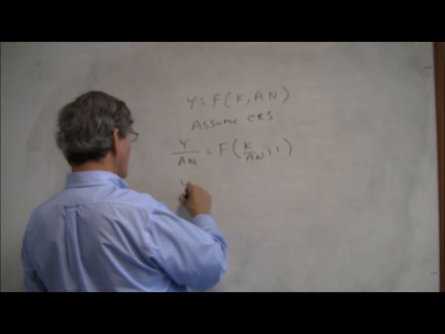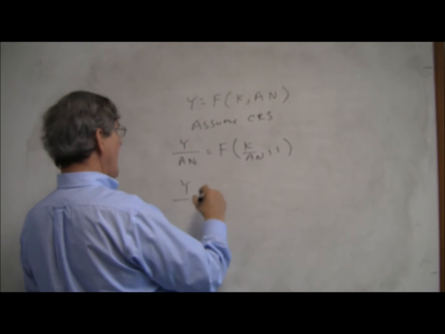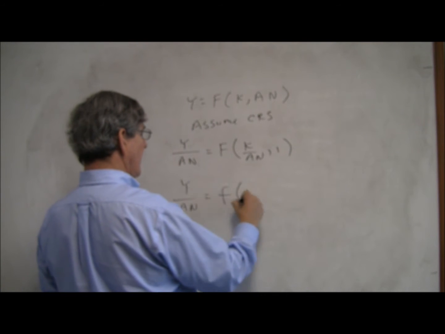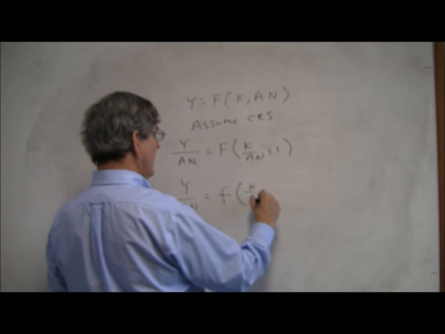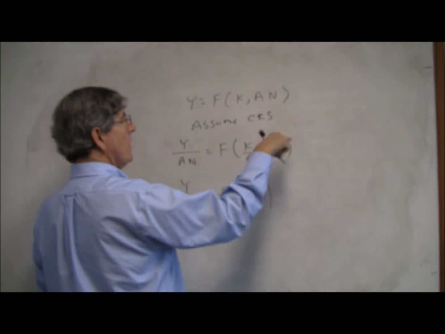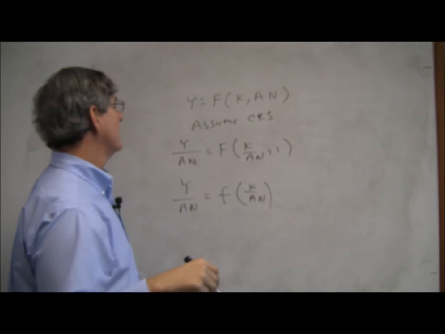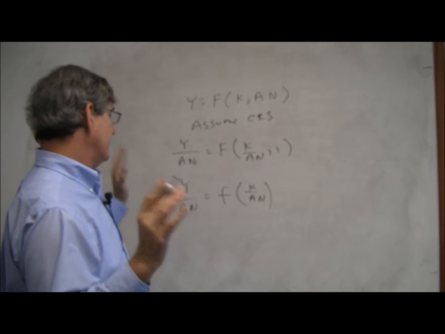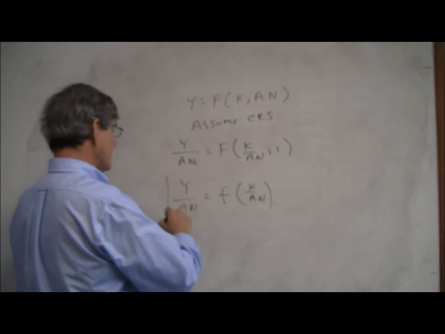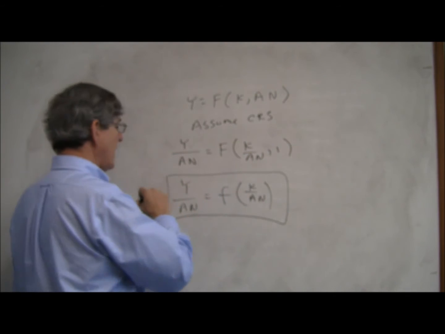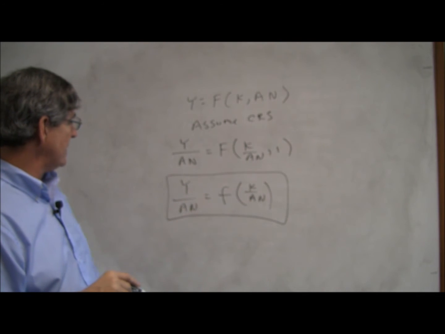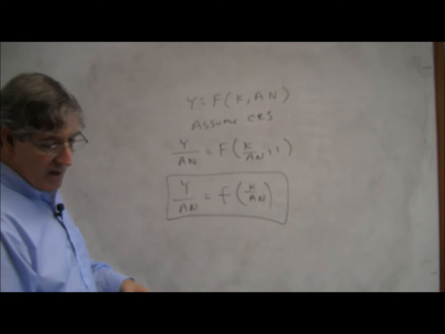And remember, we just write this function as Y over AN is just some little f of K over AN, so we don't have to carry that 1 around. So this is our new production function, allowing for technological change, technological progress.